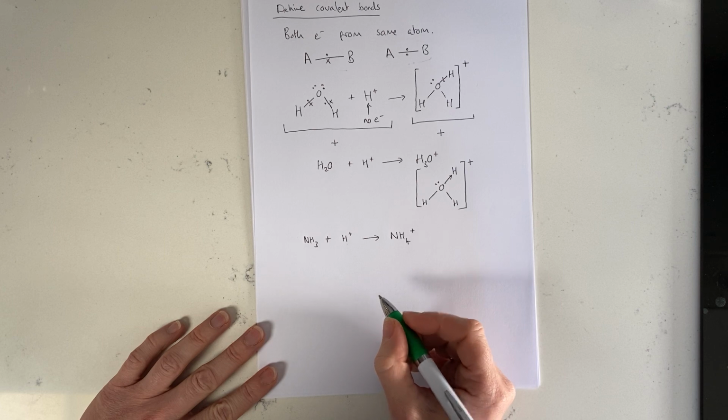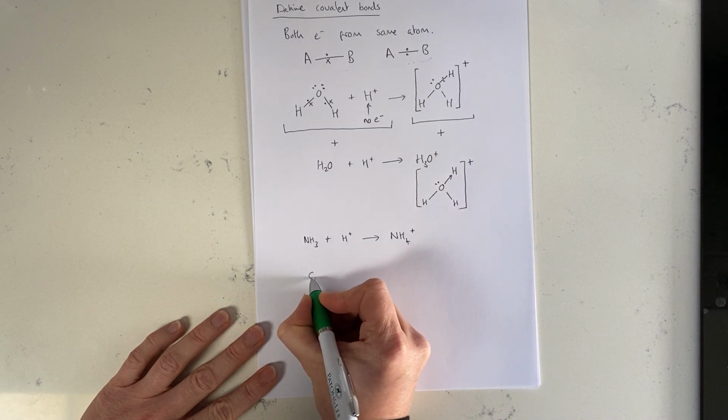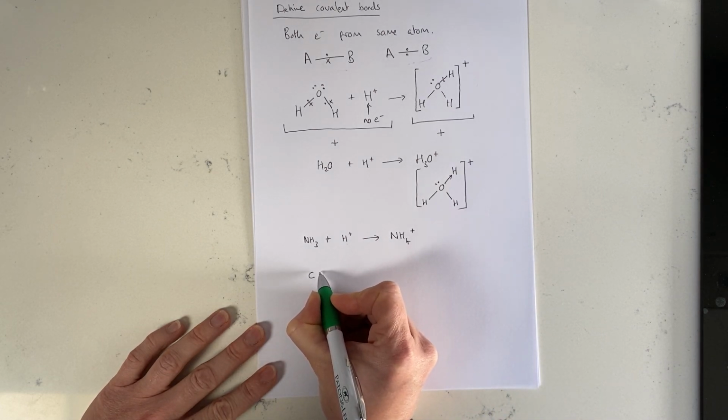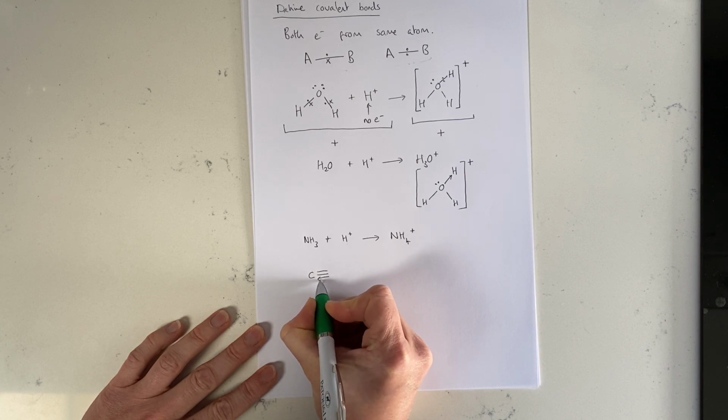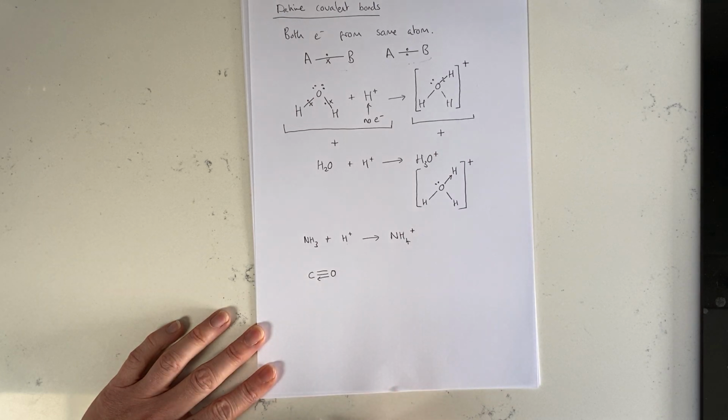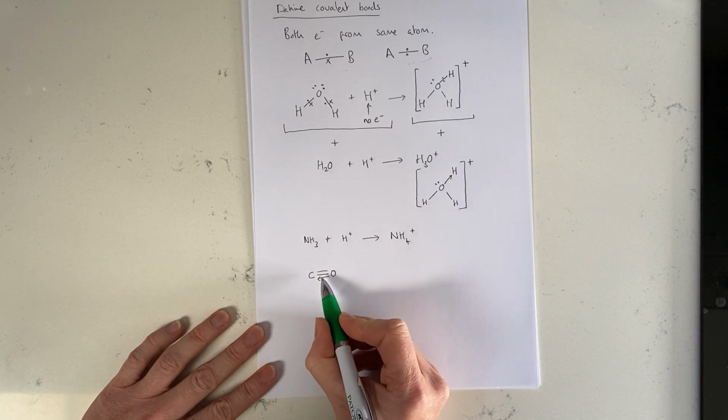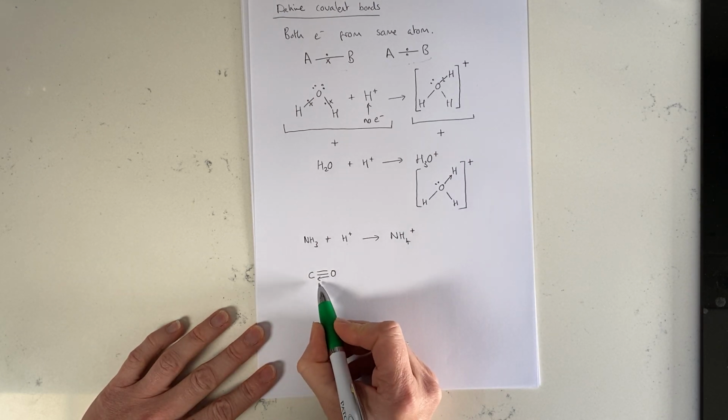So I can have carbon monoxide, which is an interesting one that's worth knowing. That's what carbon monoxide looks like. So two normal covalent dot-cross bonds and one dative bond.